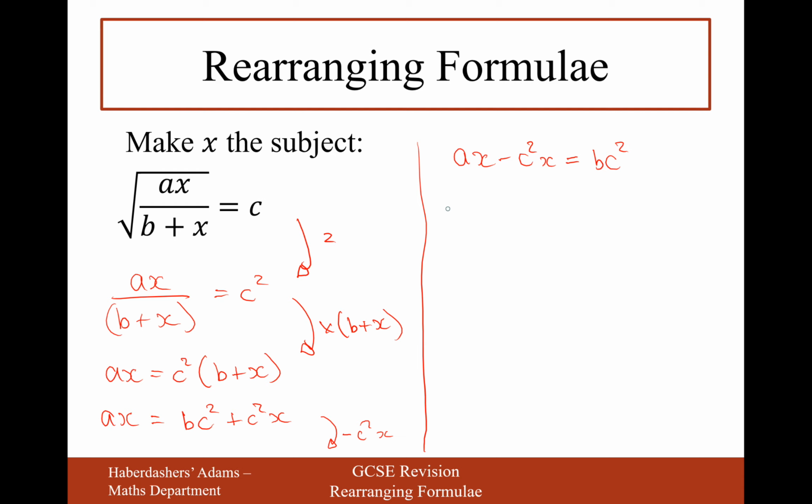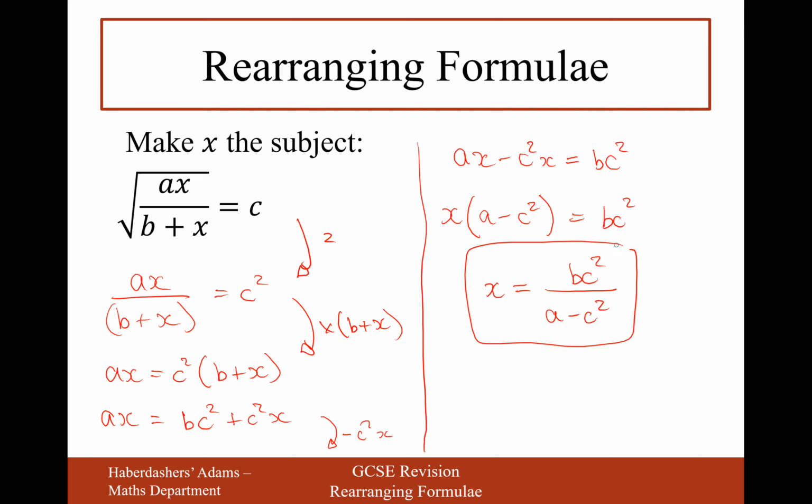The next thing to do will be to factorize the x out. So on the left hand side it's going to be x times a minus c squared equals bc squared. And then divide by what's inside the brackets. x equals bc squared divided by a minus c squared. And there we are, that's the answer to that question.